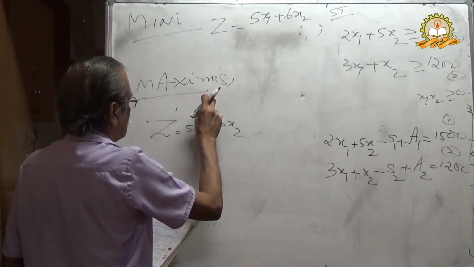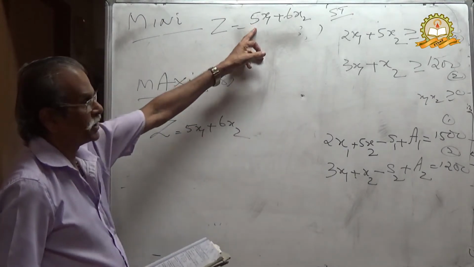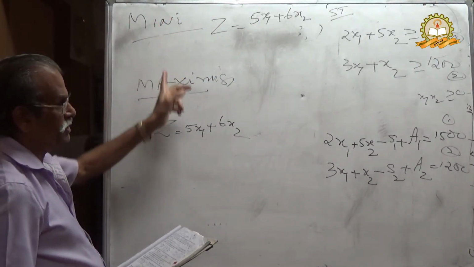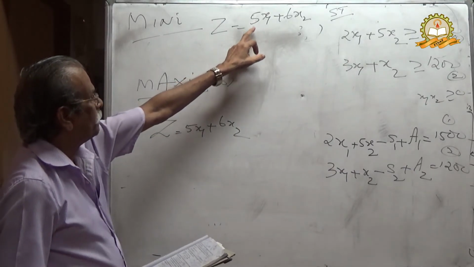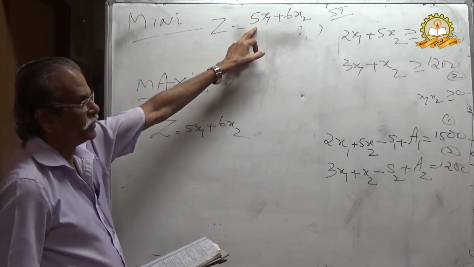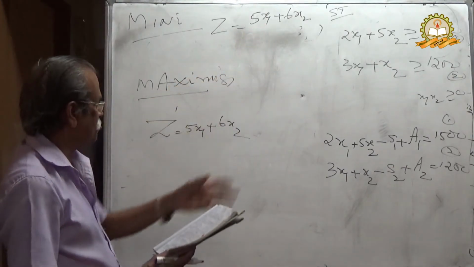Minimization changes into maximization, as done earlier, by multiplying by -1 the right side values.